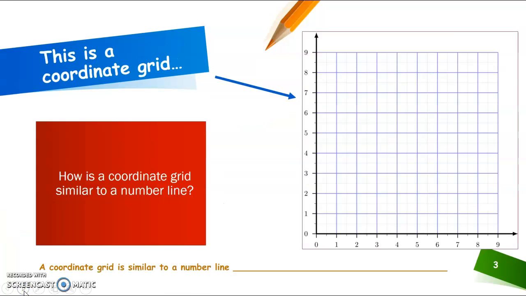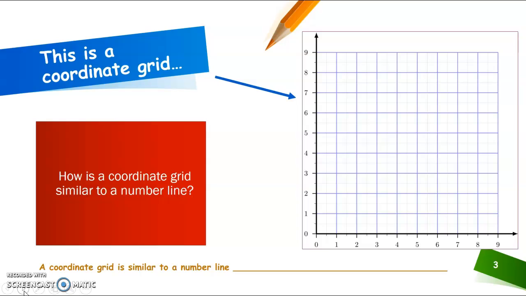So this is a coordinate grid, and it's similar to a number line. So hopefully you're thinking about what this looks like in relationship to a number line. It is showing you a number line horizontally, left to right, and it's showing you another number line vertically, up and down.